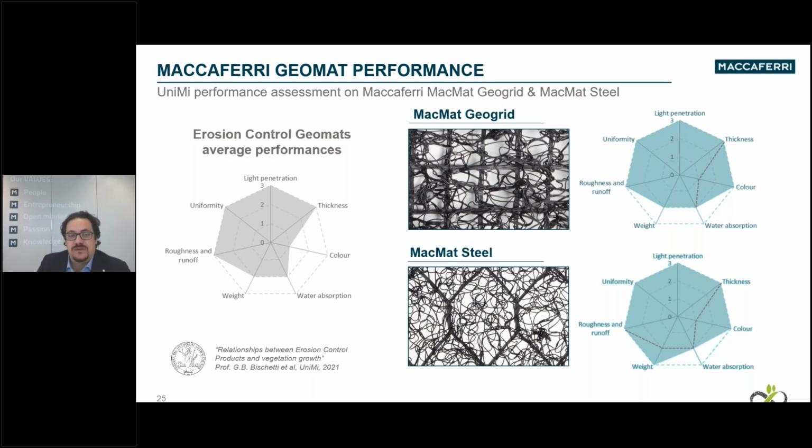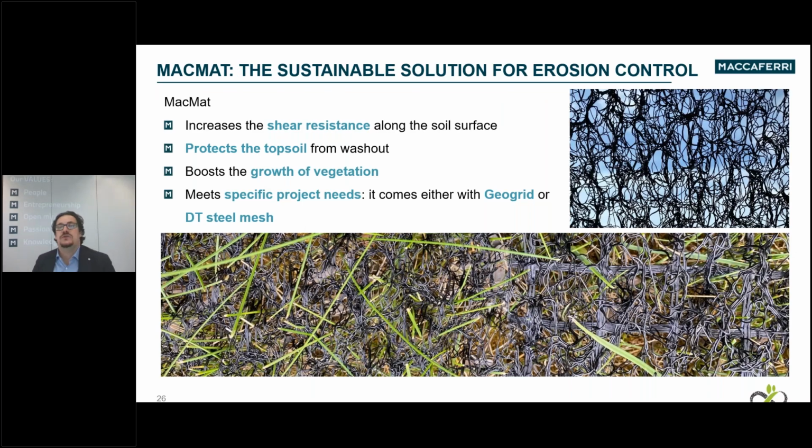And in our MACCAFERI reinforced with a double twist wire mesh, we could also improve the weight of the product, and that also increases the adhesion between the erosion control product and the soil, so it reduces the soil loss of the entire solution. This is the reason why we are talking about sustainable solutions for erosion control that are optimized.